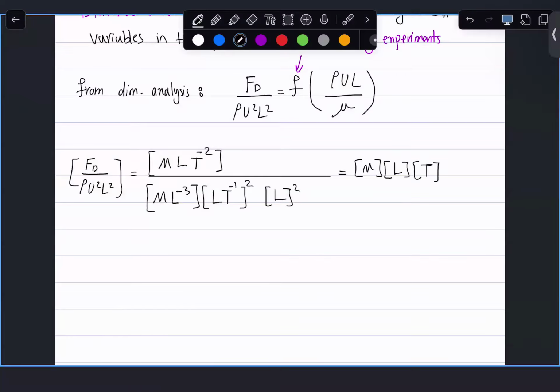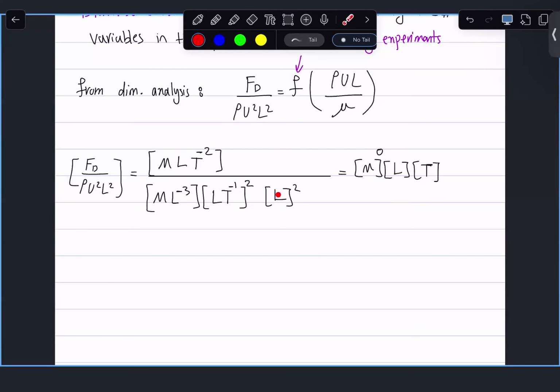So for example, how many masses are we gonna have after we simplify this? 0, right? So this will be 0. How about length? So you have 1 in the numerator. How many in the denominator? -3 plus 2, right?